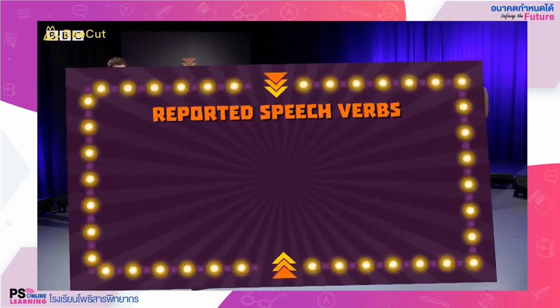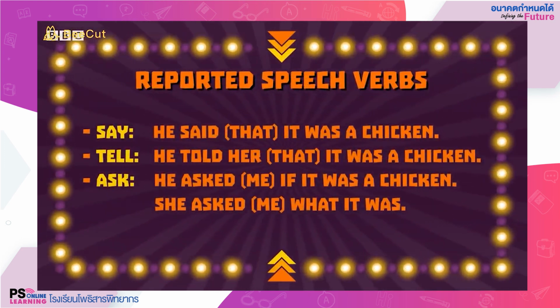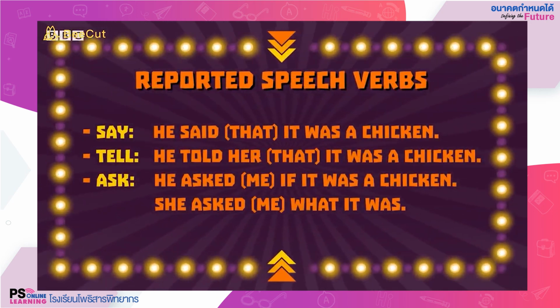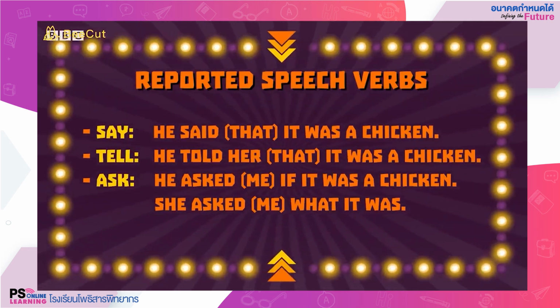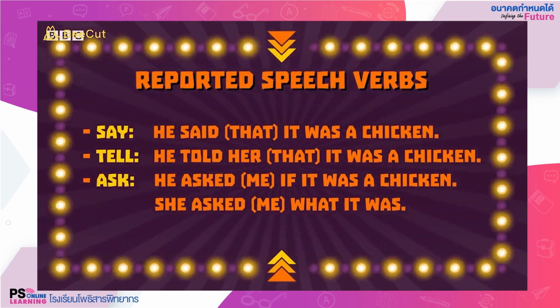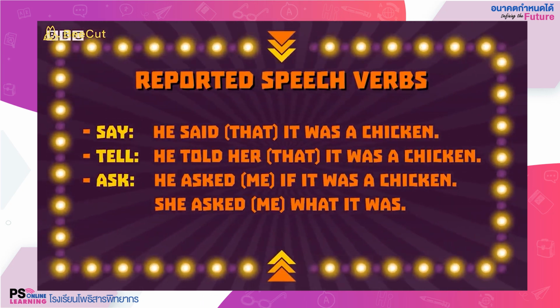Leslie? Well done. Reported speech is used to inform the listener what was said by someone on a different occasion. The 3 most common reported speech verbs are say, tell, and ask. Say is commonly used without a personal pronoun. Will said it was a big chicken, while tell must be followed by one.